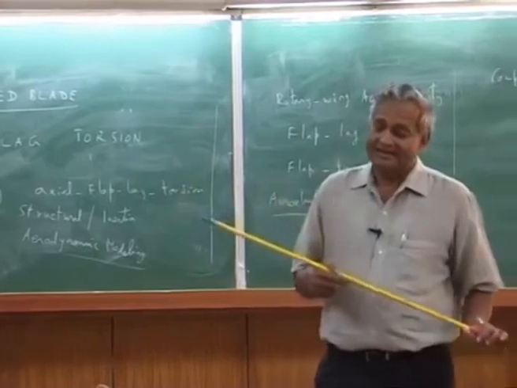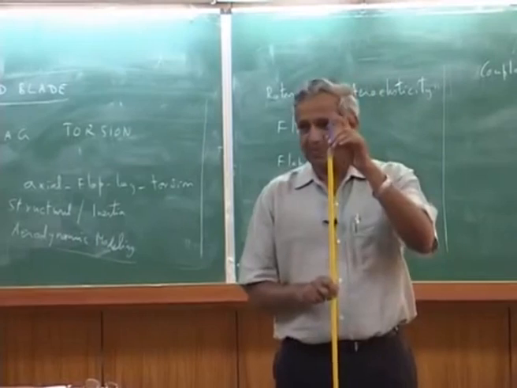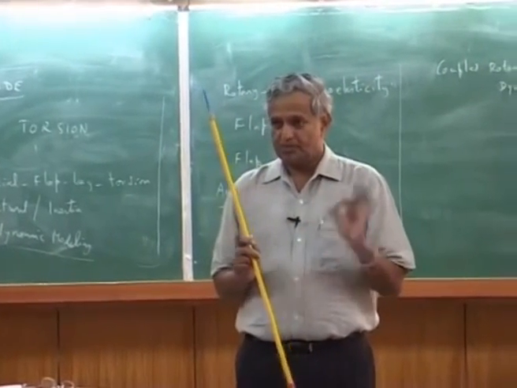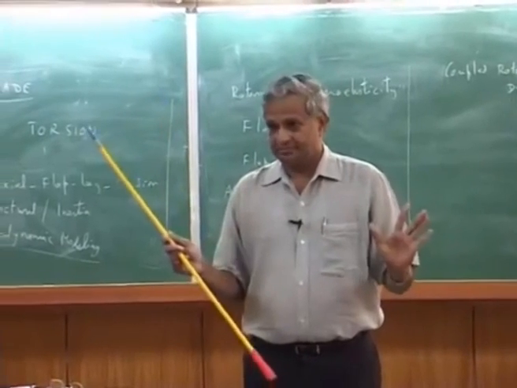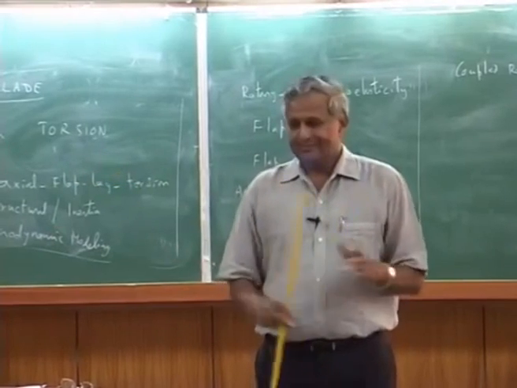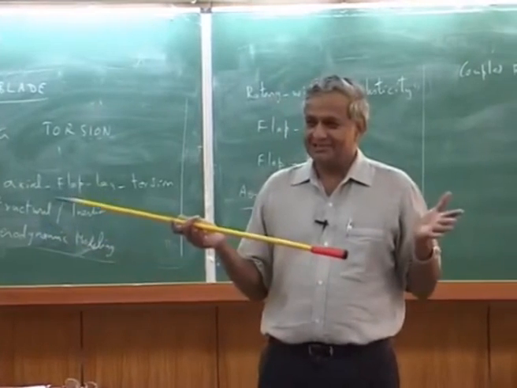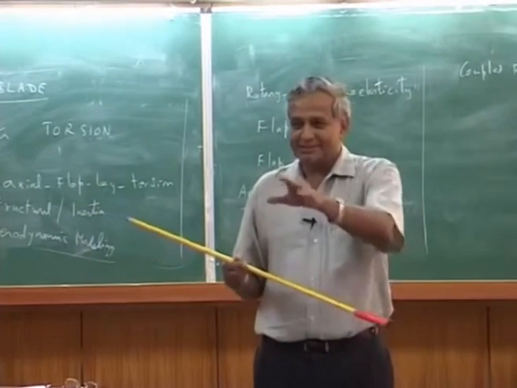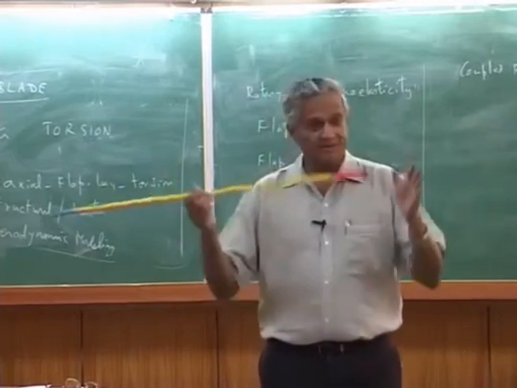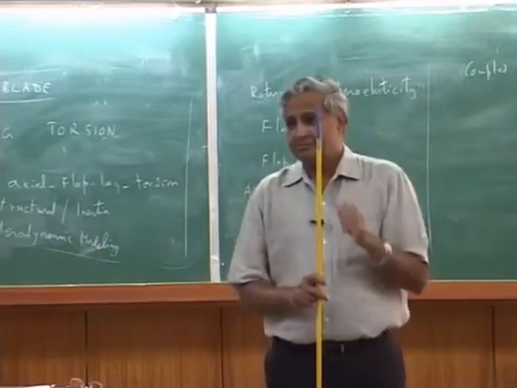Otherwise, there is something called tracking and balancing. Tracking means you want to track the tip path, because all the blades must do the same motion. If all of them are identical, right? No two blades are identical; there is always some difference. And they have a criterion by which they bring the mass and the first moment within some limit. After that they put the blade, they rotate it, they have a color code.